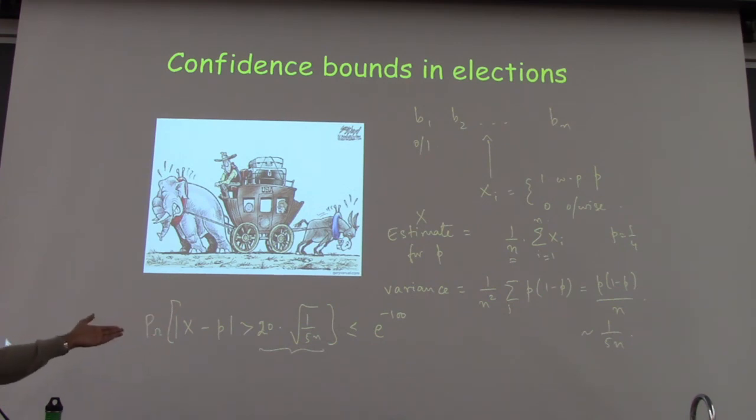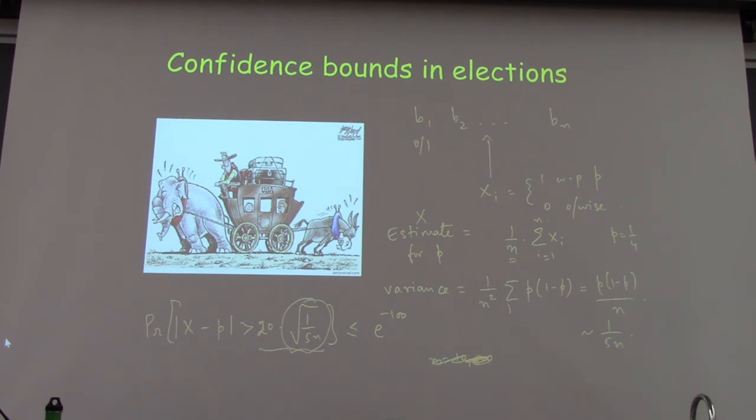And so suppose I pick n equals 10,000, or whatever it is. I have to make n large enough, then I can make this thing pretty small. Actually, let's parameterize it, let's be a little bit more formal.